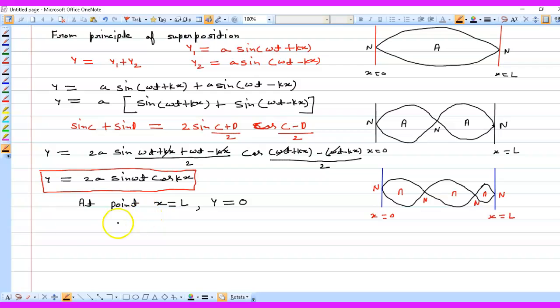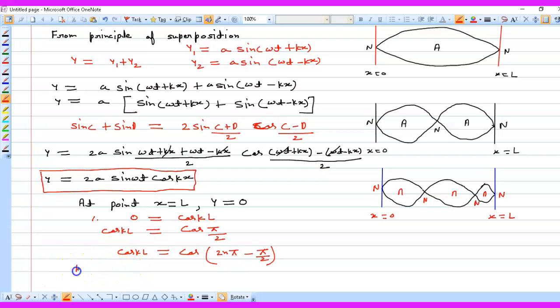Putting the value, 0 is equal to cos kL. Then cos kL is equal to cos pi by 2, so cos kL is equal to cos of (2n pi minus pi by 2).